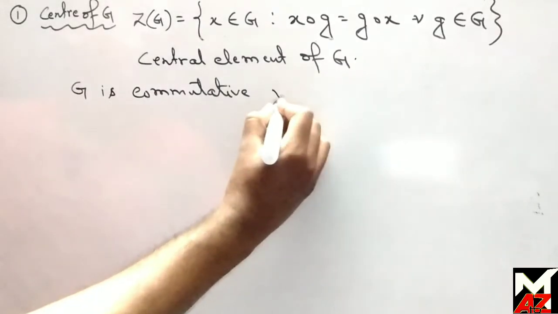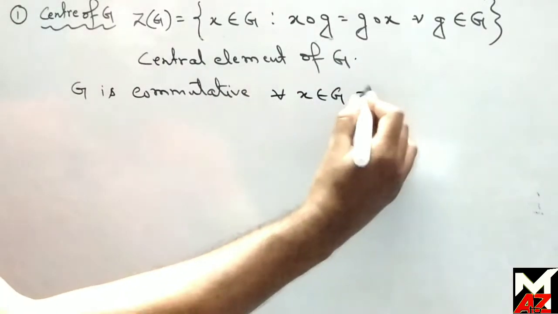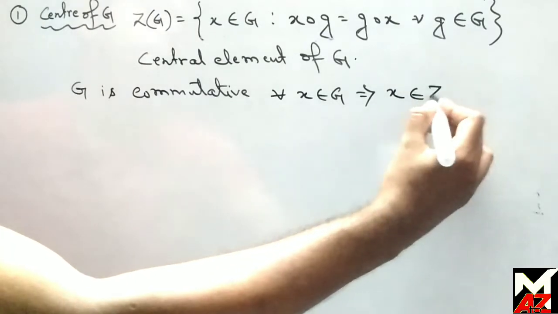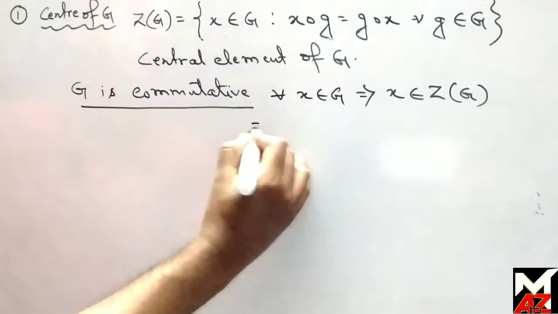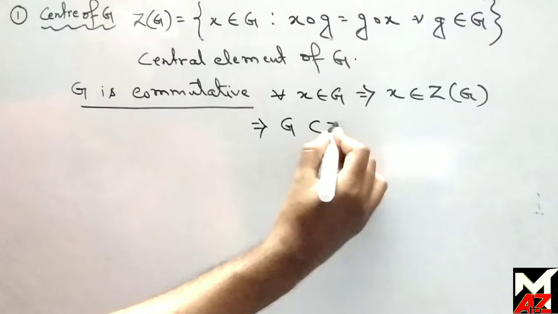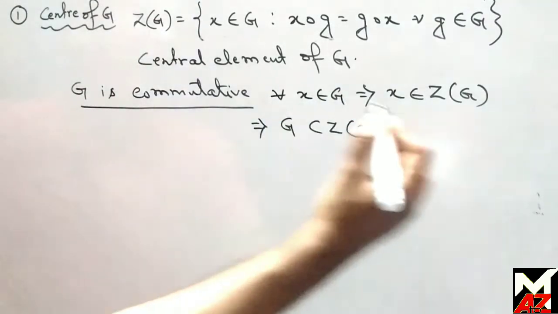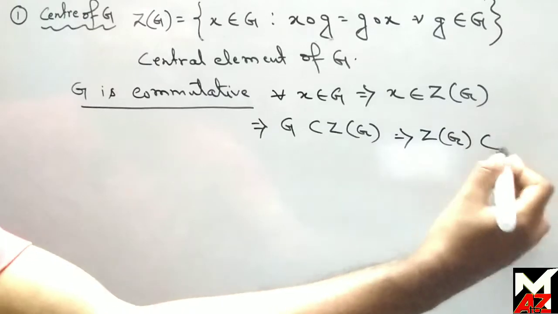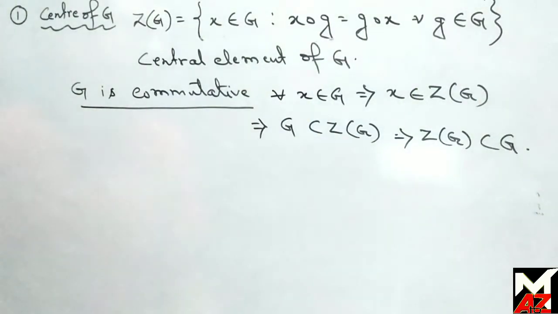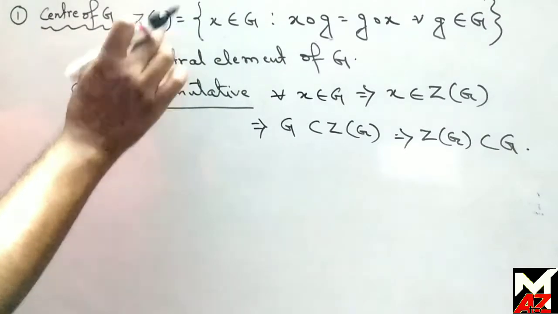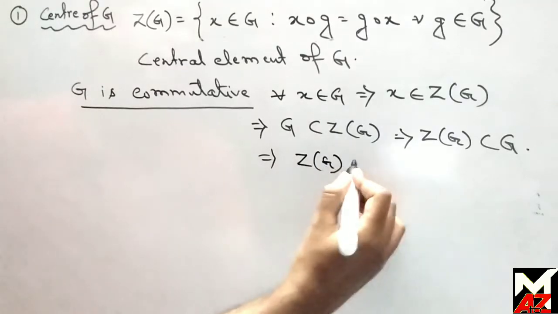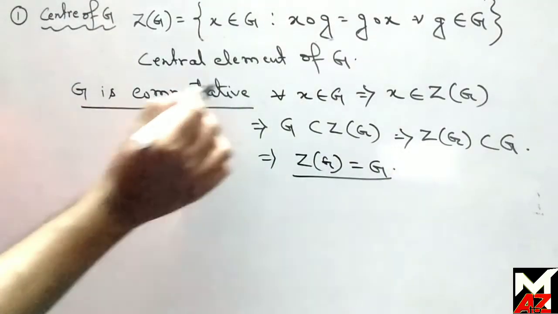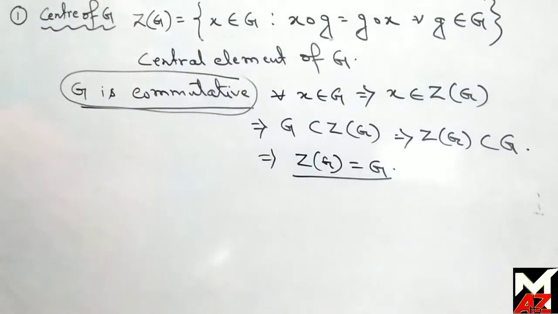So for all x belongs to G, this implies x belongs to Z of G. That is, in this case, G is a subset of Z of G. And obviously, Z of G is a subset of G, because Z of G is a subgroup of G. So we can write Z of G is equal to G if G is commutative. Otherwise, this is not so.